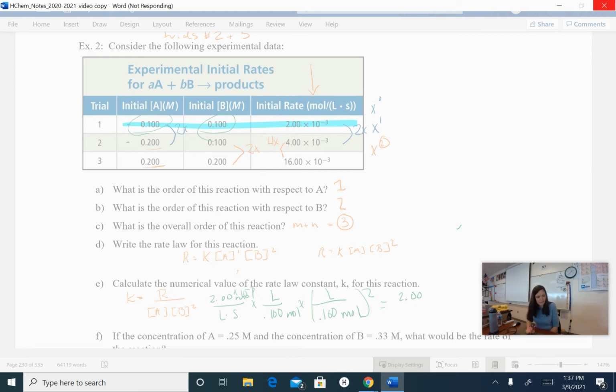So I'm really left with liters squared on the top, mole squared on the bottom, and seconds on the bottom. So I would have 2.00 per second per mole squared on my units.